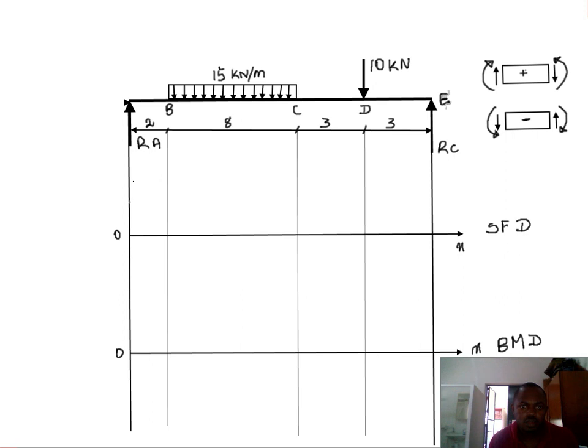So it will be, let's take a straight line here. This is not to scale, it is just for illustration purposes.